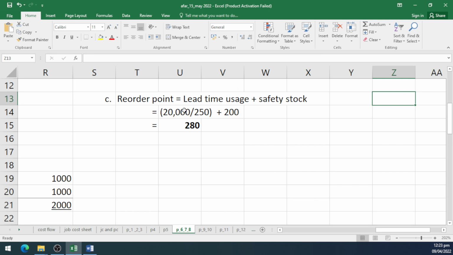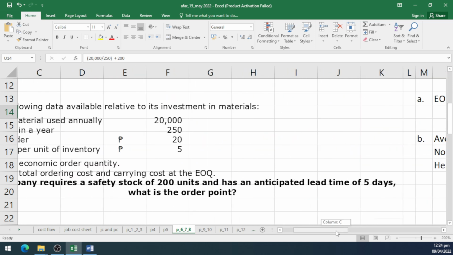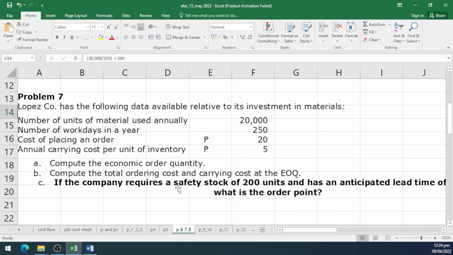So, here in our problem number 7, the reorder point is lead time usage plus safety stock. Yung ating lead time is 5 days. And then safety stock is 200.